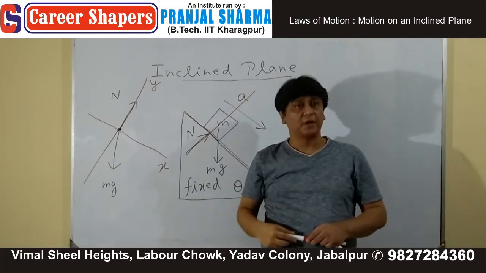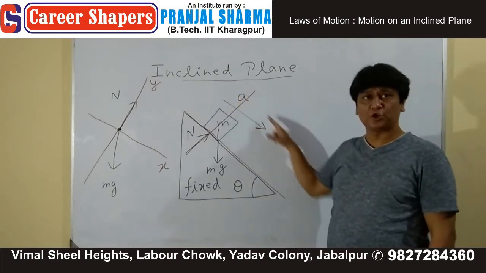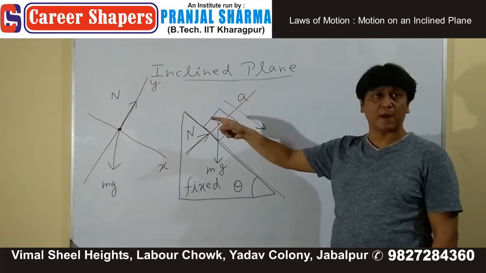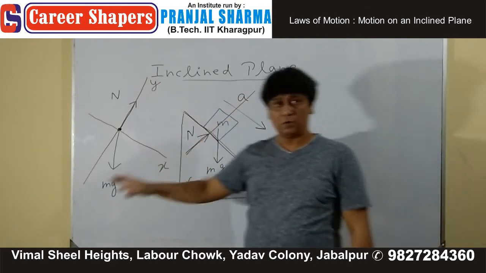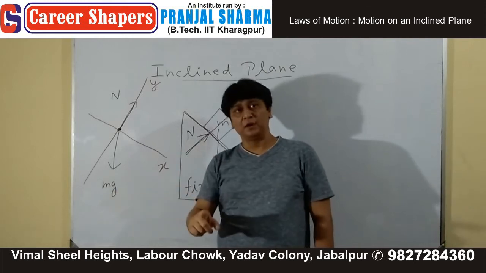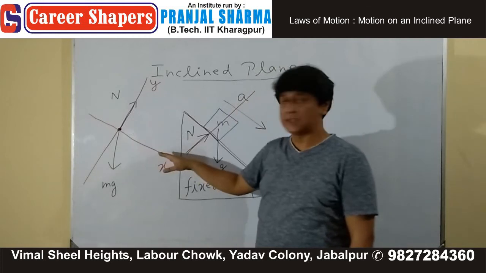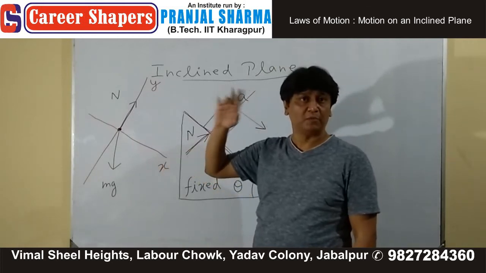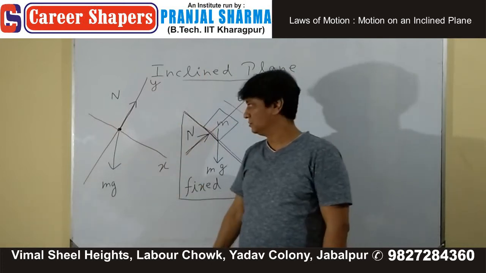Axis decide करने का तरीका क्या बताया? One of the axes should be in the direction of acceleration, the other one should be perpendicular to the first one. We'll write the statement later. Now, anything which is not in the direction of these axes, anything means any vector, that should be resolved.